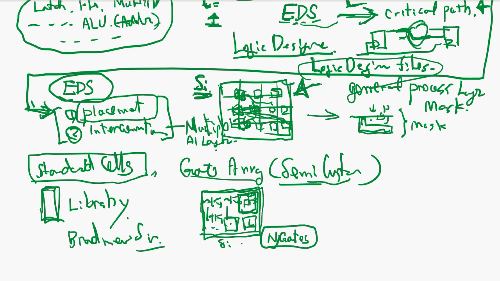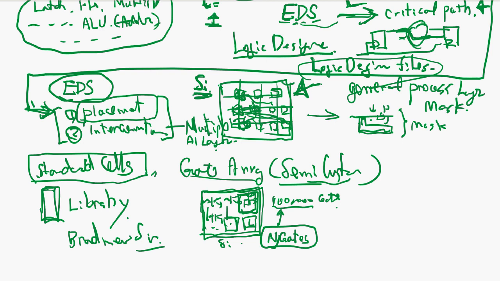So you estimate if the logical design uses like 100,000 gates. A gate is like a NAND or NOR. Then you pick the correct gate array chip, which has more than 100,000 gates on the silicon already.